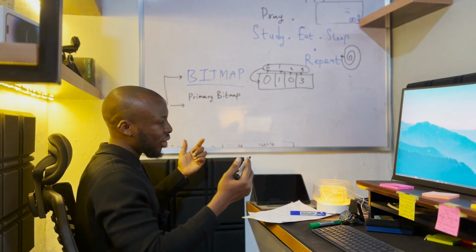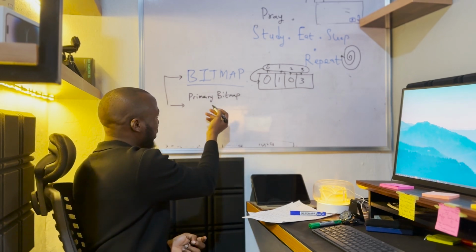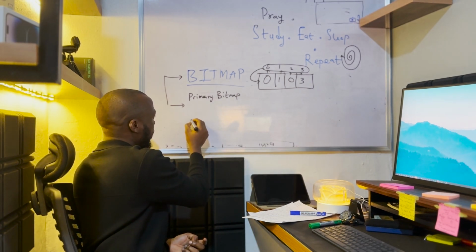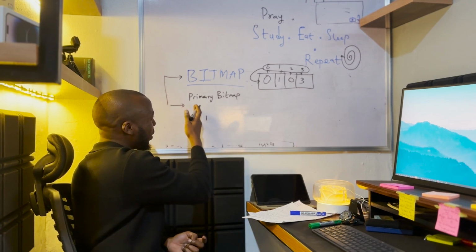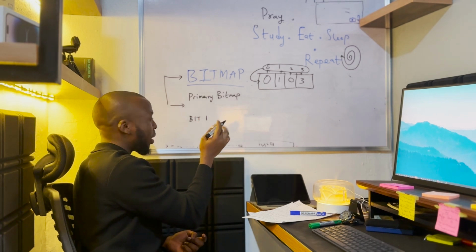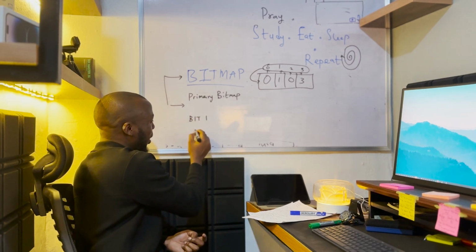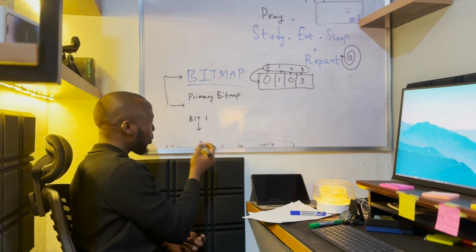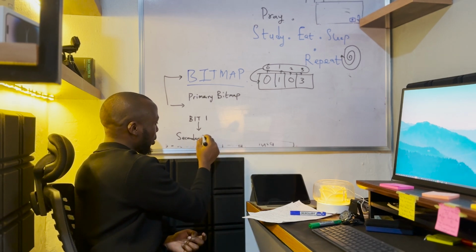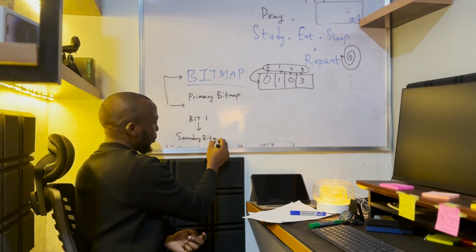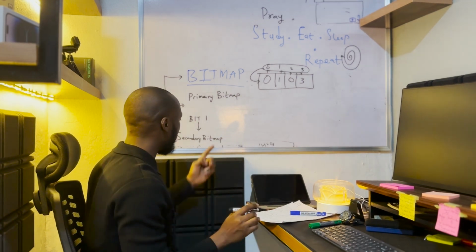And as funny as it sounds, the first bit, so let's say we have bit 1, the first bit of any bitmap, is usually used to tell if a secondary bitmap is contained within an ISO message. That's what the first bit does.